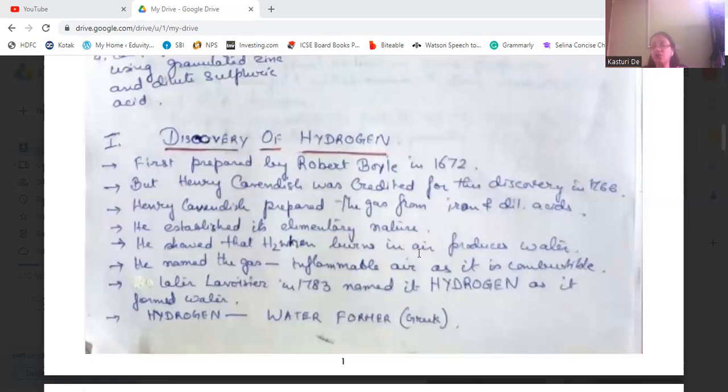As water is formed after its burning, it was named hydrogen by Lavoisier. Hydrogen is a Greek word which means water former. That's why hydrogen has been named so. And due to its combustible nature, Cavendish named it inflammable air.